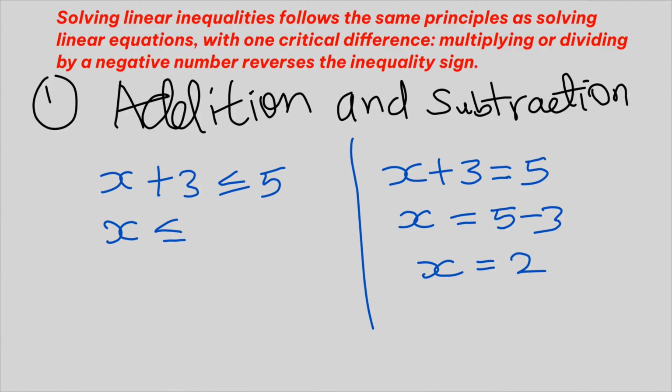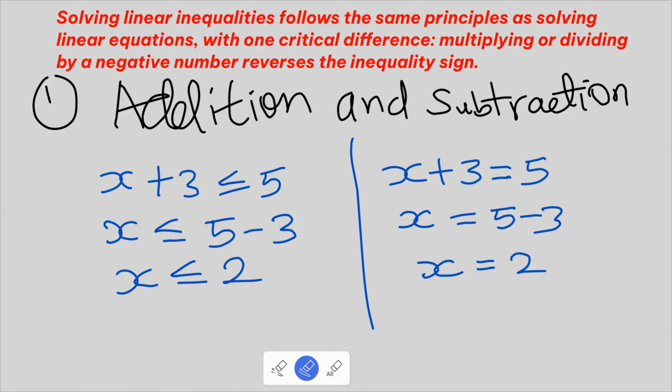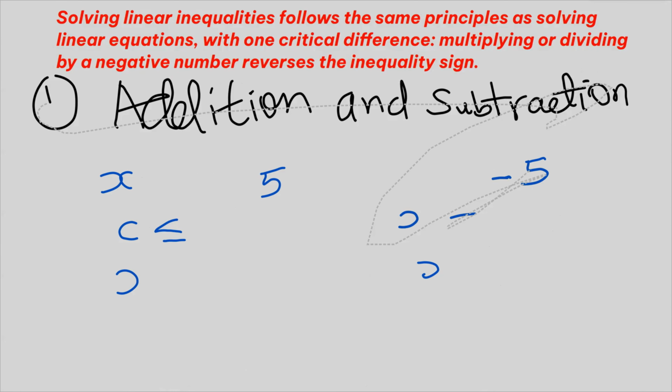So we are going to take our positive 3 to the other side, so we'll have 5 here, and when we take positive 3 to the other side, it becomes a negative. So our x will be less than or equal to 2. That's the first scenario that we have to know in grade 9. Let's look at another operation.